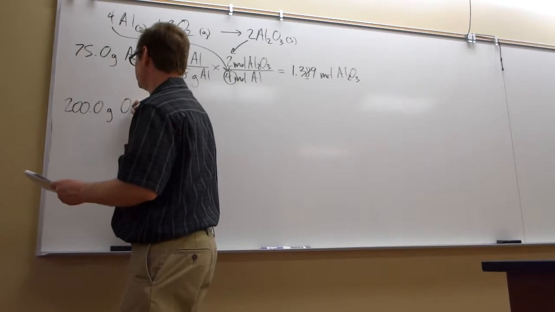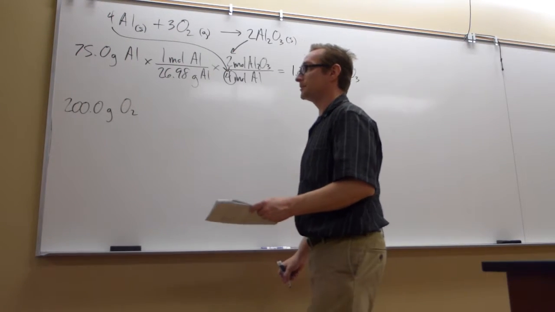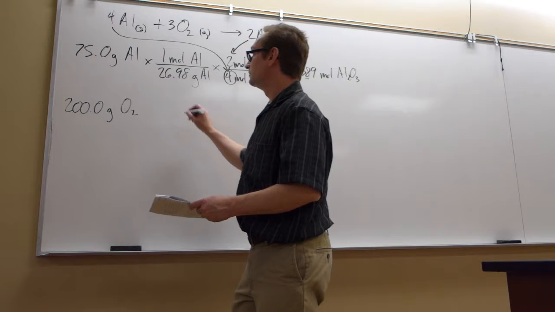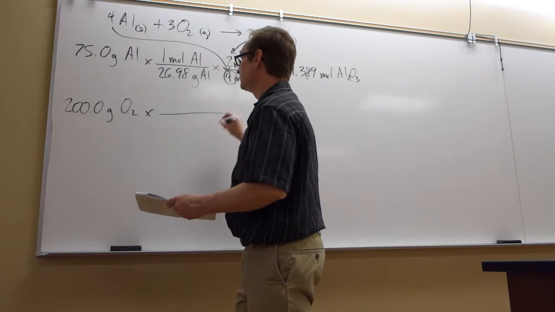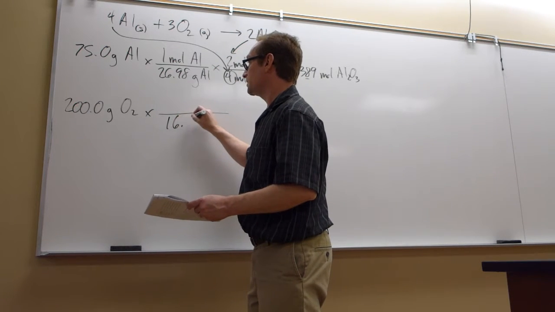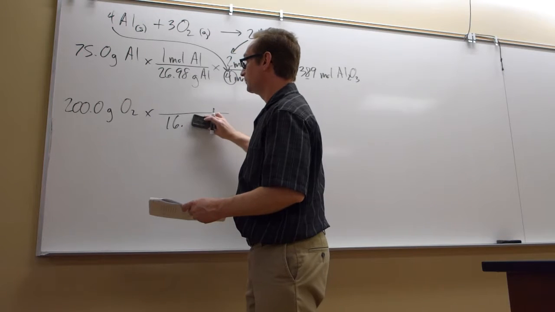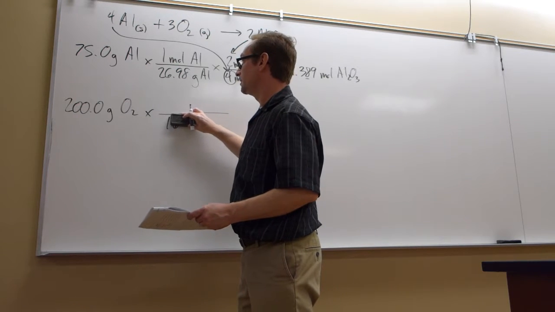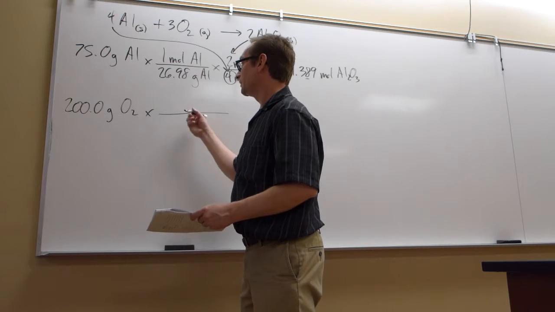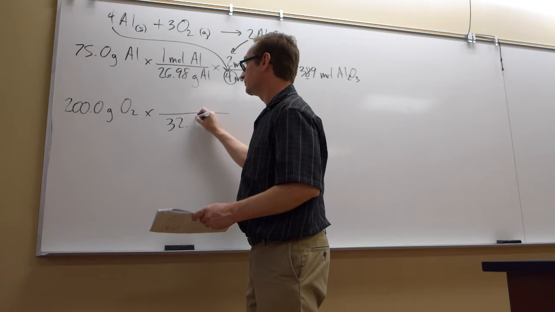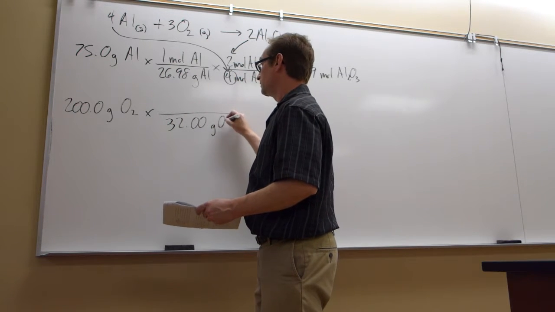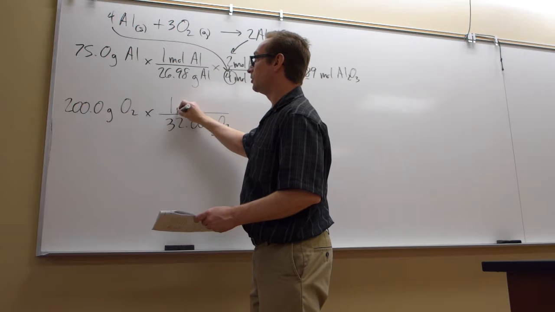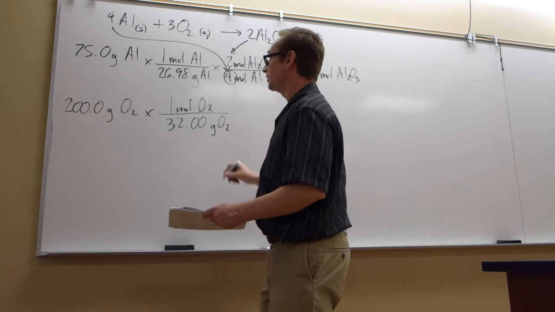And then I do the same thing for oxygen. 200 grams of oxygen divided by 16, excuse me, not 16. What should the number be? 32. All right, so now I got to say 32 grams of O2 for every 1 mole of O2.